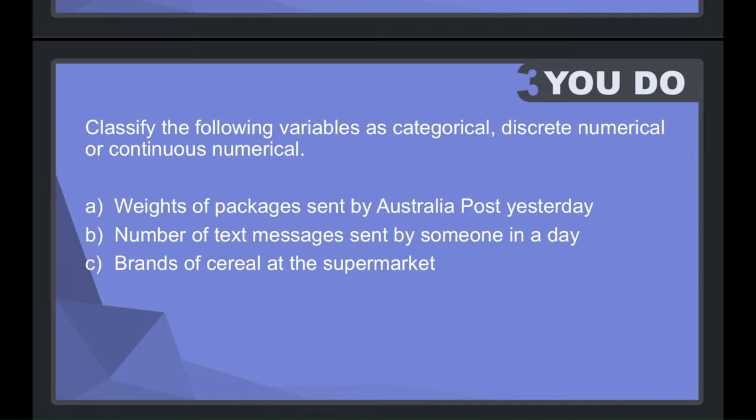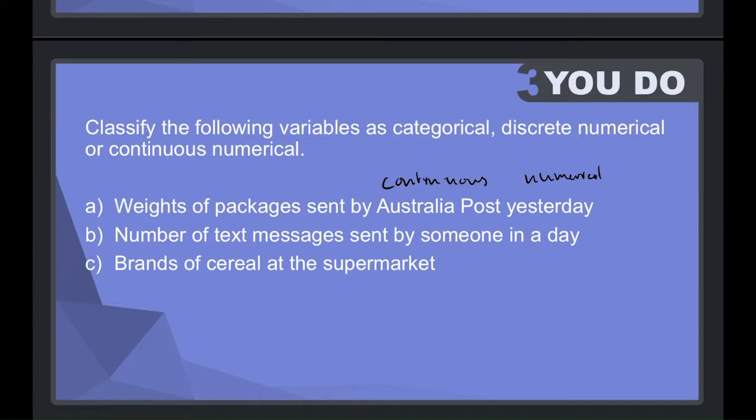Weights of packages is that it's obviously going to be numerical. It's a number, kilograms, grams, whatever unit it happens to be in. And this is actually another example of continuous numerical, because the value of the weight can be any fraction of a number, any decimal, it's fine to have something weigh 12.7 kilos. It's continuous.